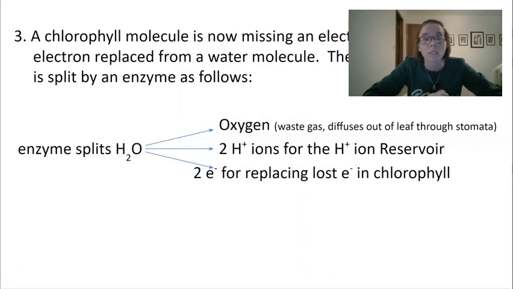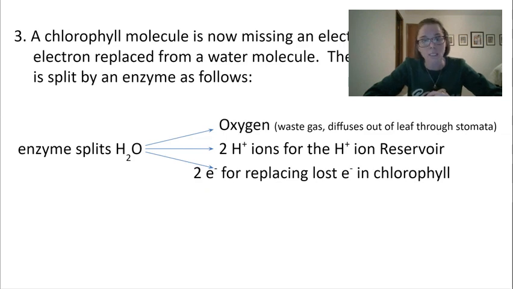When we say that water is an important component of photosynthesis, the reason is because we're going to rip it apart. We're actually not going to use water for an H2 and an O. We're actually going to separate it into all of its components. We've got the oxygen, the hydrogen ions, and the 2 electrons that are going to get ripped away from it.